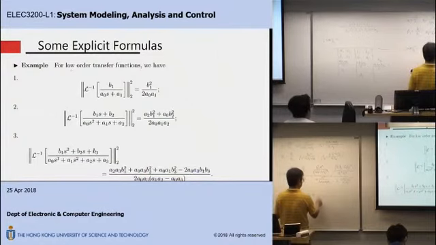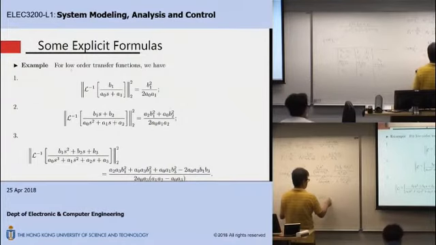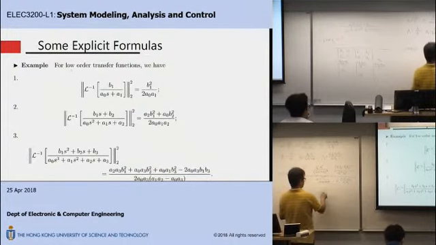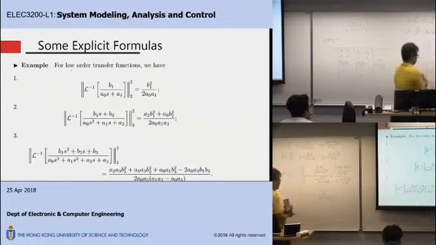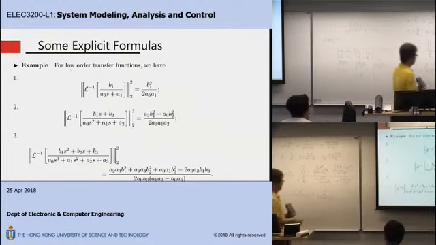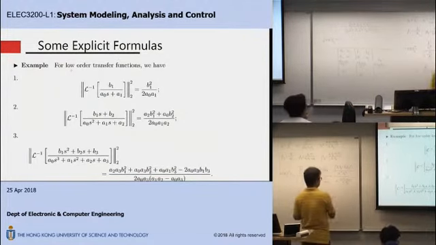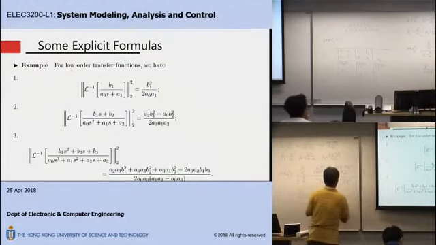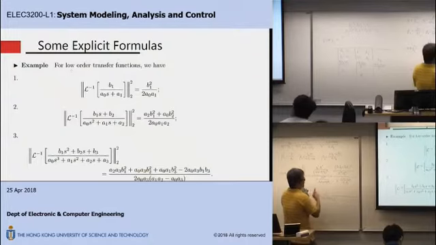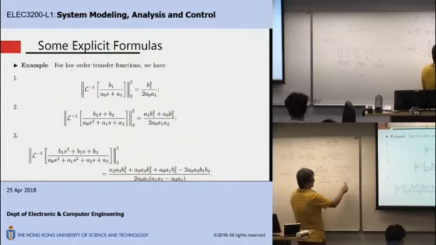So 2 (A1 A2 minus A0 A3) over B2 squared, plus, again here, let me see if I can cancel something.